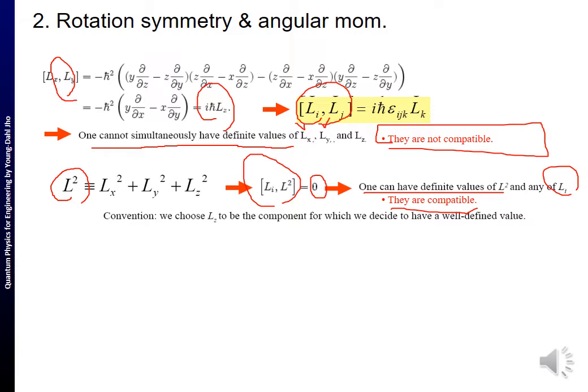And eventually in the end, at slide 10, you will learn the angular momentum and spin under coupled state. That is the important part, because it is often found in semiconductor devices.